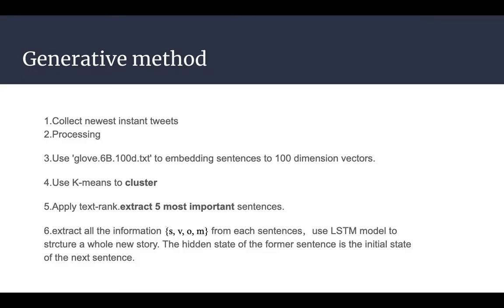The first method we tried is the generative method. First, we collect the tweets, do some processing, and do some embedding. Then we use a clustering method to extract the 5 most important sentences.